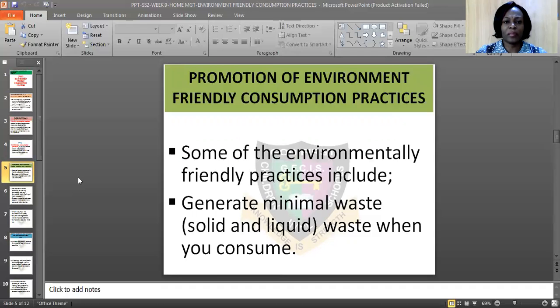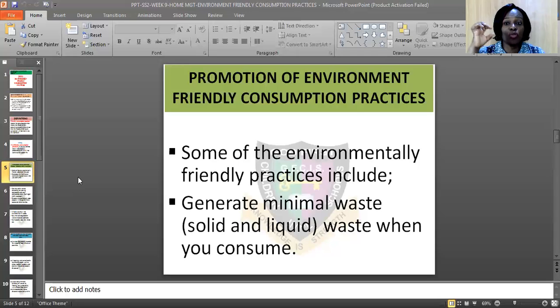Number one, some of the environmentally friendly practices include that we generate minimal waste, solid and liquid waste, when we consume. You know, some of us, we don't know how to manage things. That is why this subject, home management, is very, very important in the life of all the students. Do you understand?